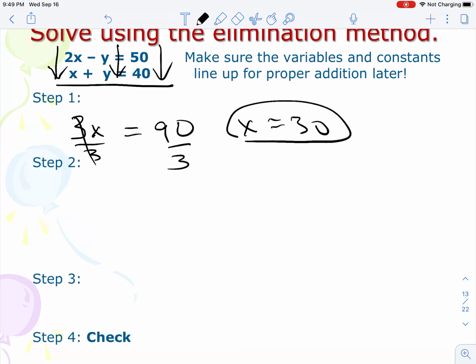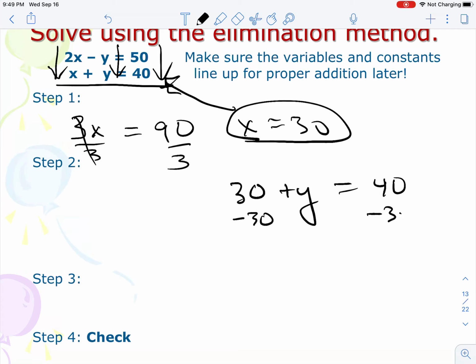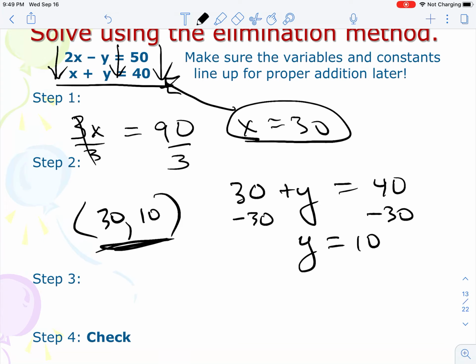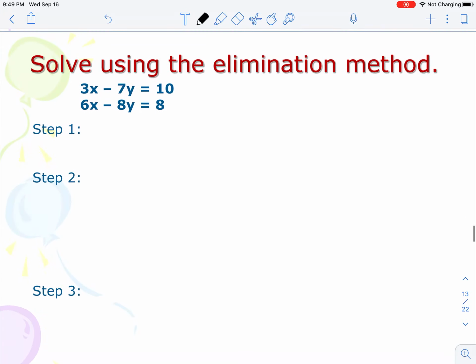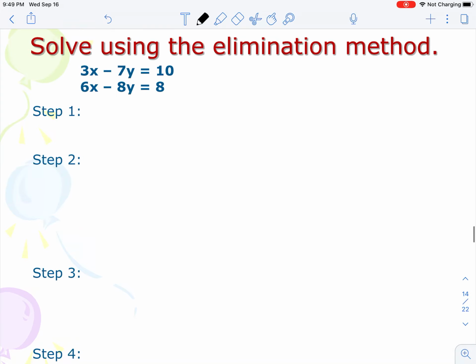I take this x equals 30 and put it back into one of the equations, doesn't matter which one, and I end up with 30 plus y equals 40. I subtract 30 from both sides, and I find out that y equals 10. Now, this was an example from before, and we did check it, and we found out that those were the solutions, so I'm not going to take time to do that. We're going to look at another one using elimination.